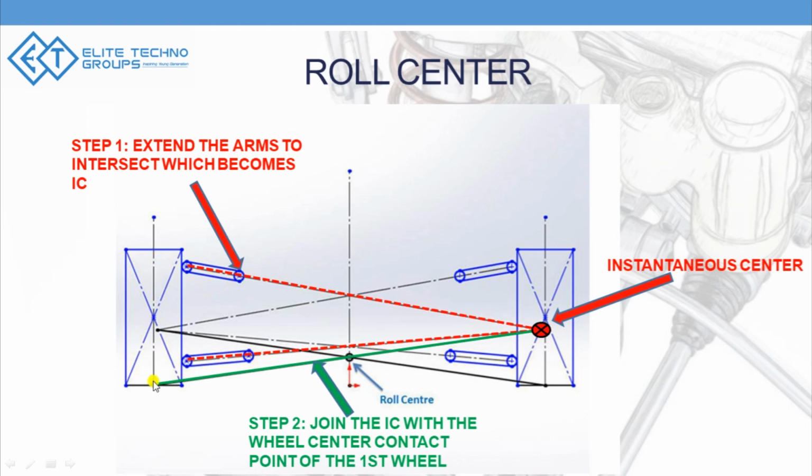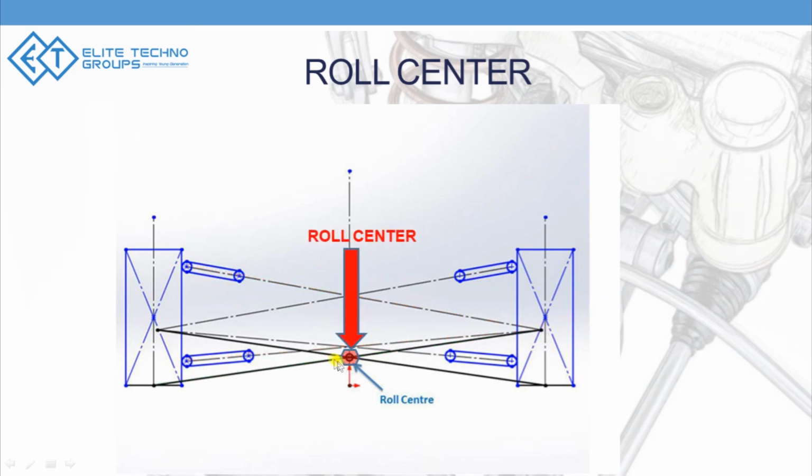Assuming your left and right suspension, in the 99.99% case scenario, are symmetric, meaning exactly the same along this vertical central axis, wherever this line intersects the vertical axis is going to be the roll center. This instantaneous center line, wherever it intersects your vertical axis, that is going to be your roll center.